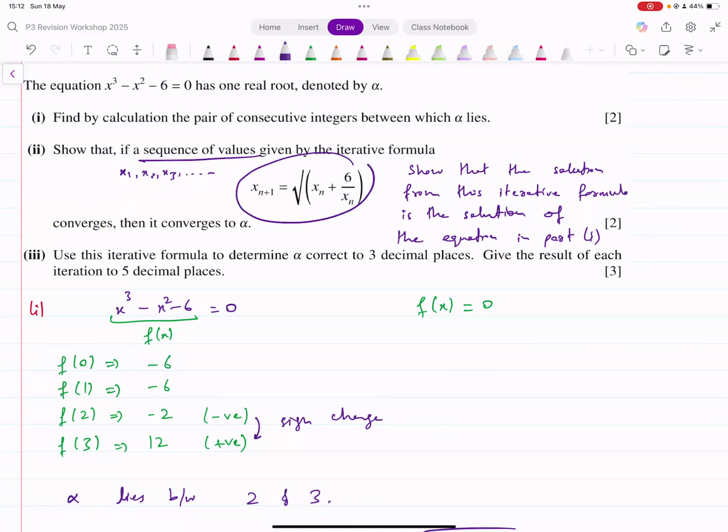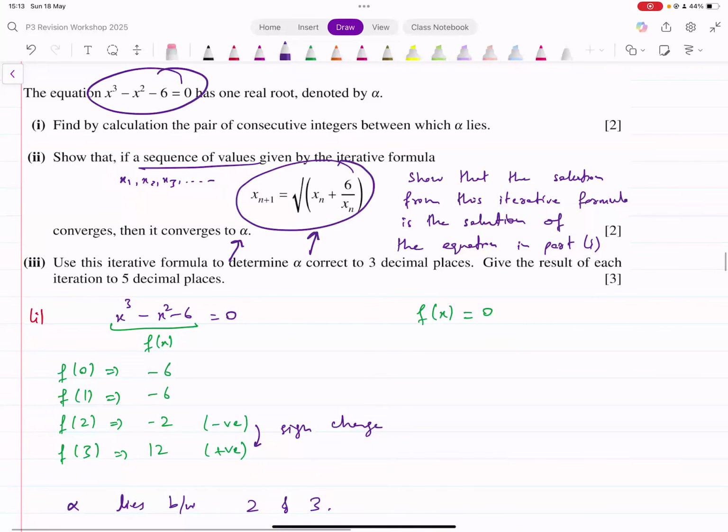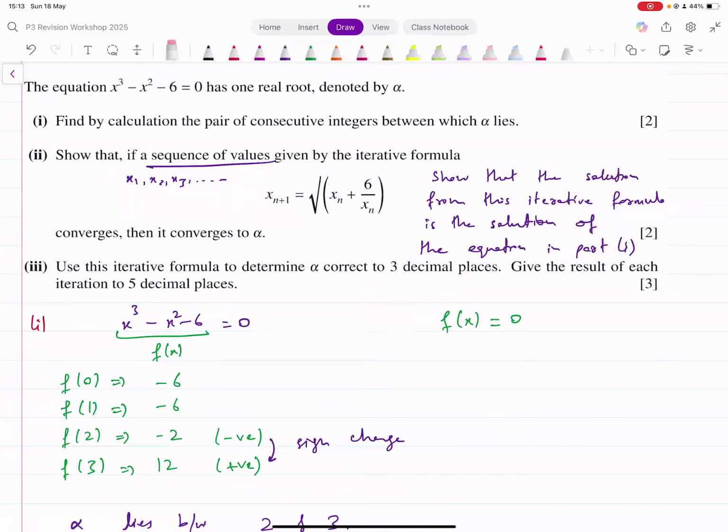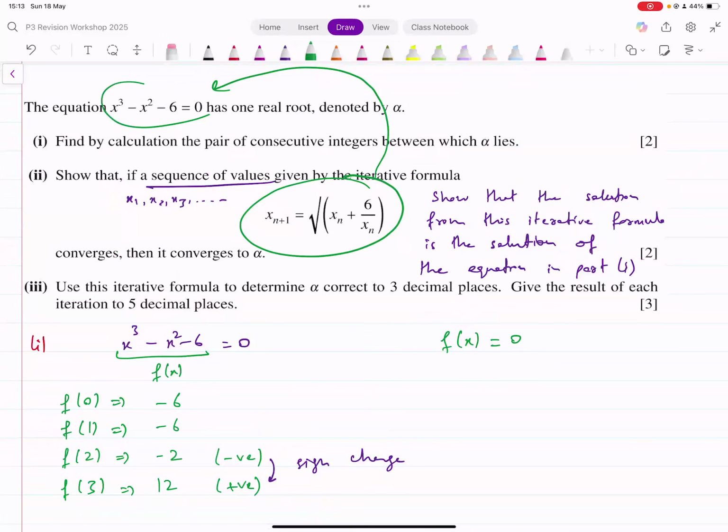If this iterative formula gives you a solution, then that solution would be alpha. That means the same solution that you got from this equation. So in these complicated words, what they're trying to say is show that this iterative formula corresponds to that equation. That the solution that you get from the iterative formula is actually the solution of that equation that we had. That's what you had to prove.